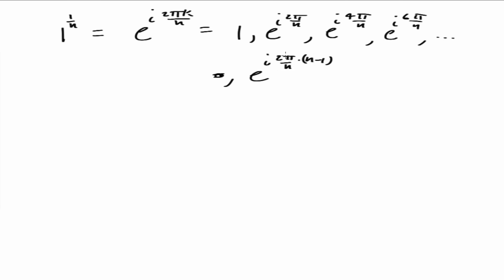Because when we get to n, we've gone all the way around the circle, so we only want to go up to that point, because that would be equivalent to going back to 1.